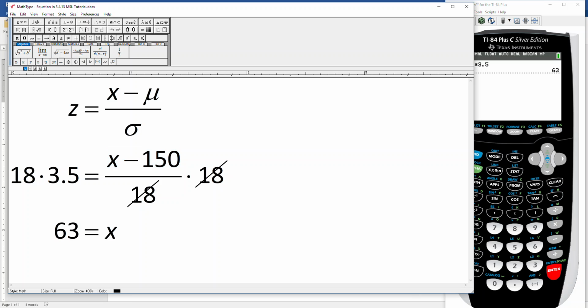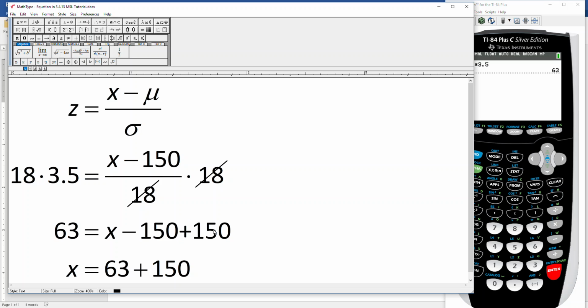So it's a tiny bit of algebra. You're solving for x. Now I need to get x by itself, so I'm going to add 150 to both sides. I'm adding 150 here, and I'm also doing it to the other side.